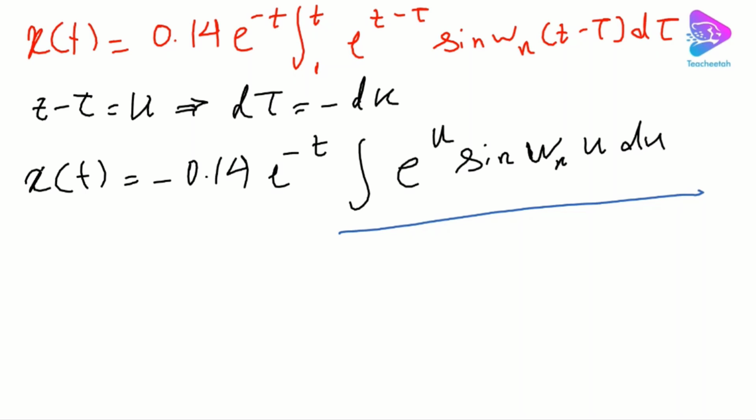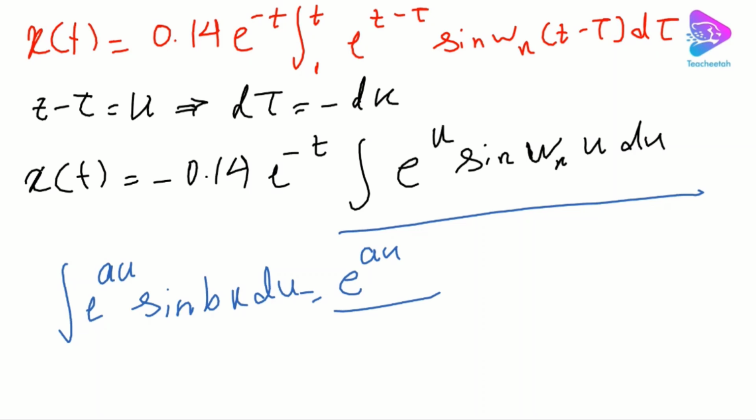Or let me write it down again. If you use some handbooks, or if you find it on the internet, the integral of e^(au) sin(bu) du, where a is a constant, is equal to e^(au) divided by (a² + b²) times (a sin(bu) - b cos(bu)), right?